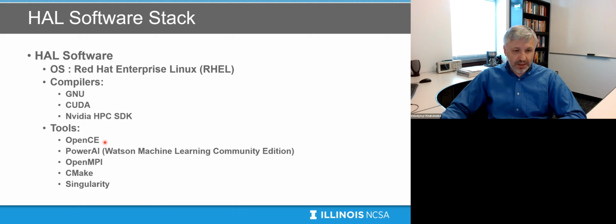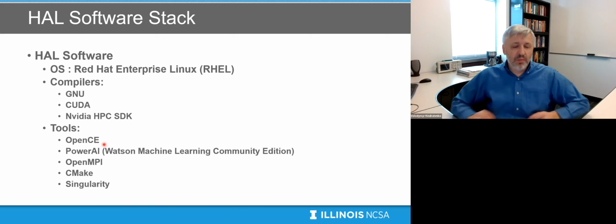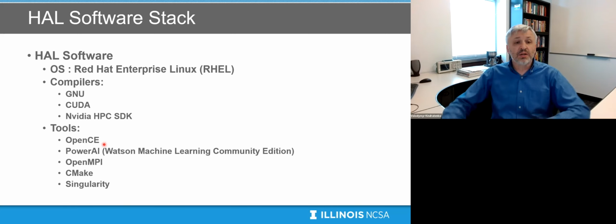This is a collection of open source tools such as PyTorch and TensorFlow and the relevant libraries, which are compiled to support CPUs and GPUs in this specific architecture. So they are optimally compiled to support this particular architecture.